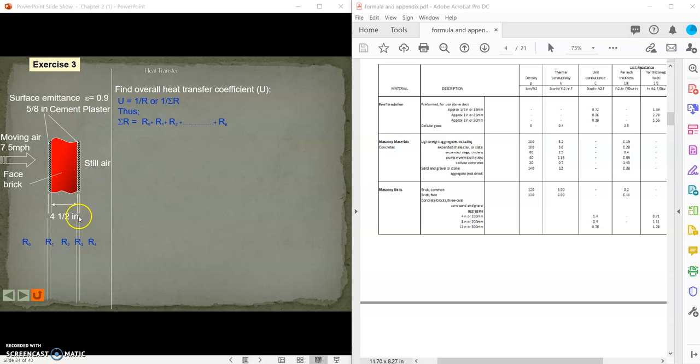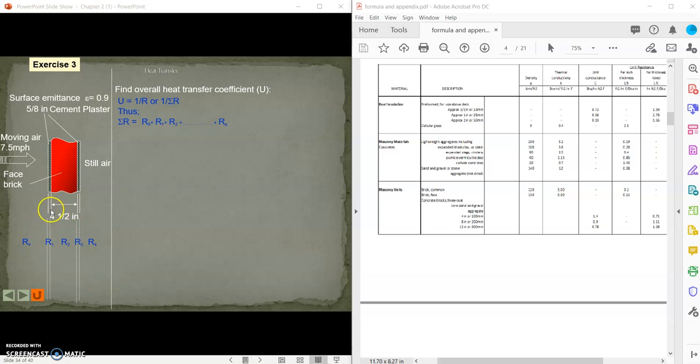You have to divide into several parts of R because you want to find the sum of R here. The formula of sum of R is equal to R0 plus R1 plus R2 and so on, until however many thermal resistances of materials that you have.